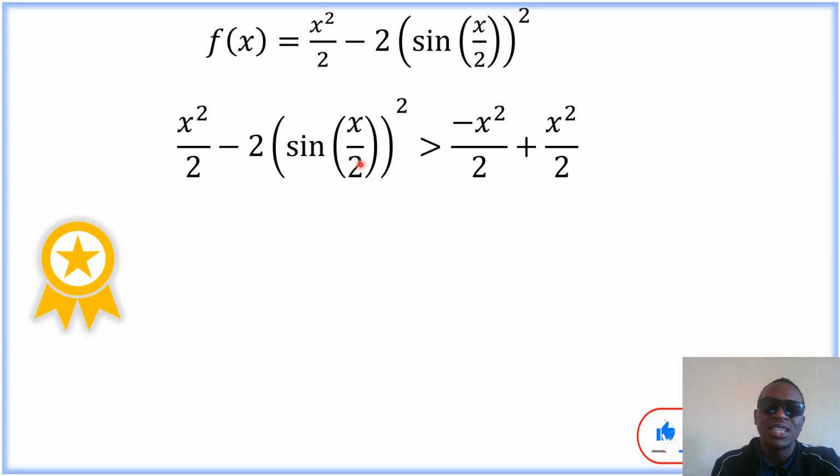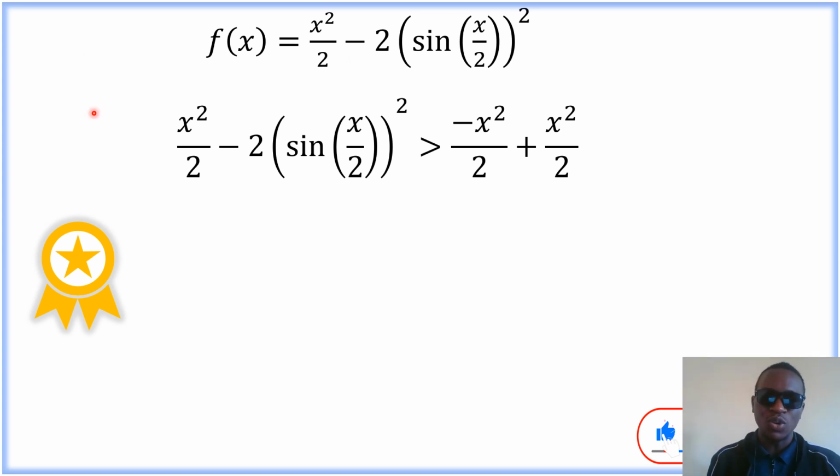And even if this quantity were negative, when you're adding or subtracting terms in an inequality, the inequality sign does not change. It is only when you multiply or divide by a negative quantity.